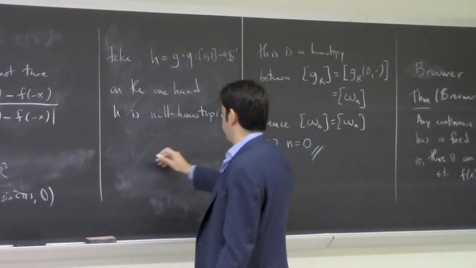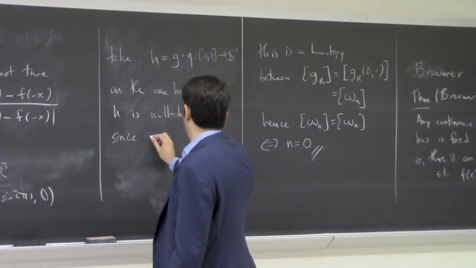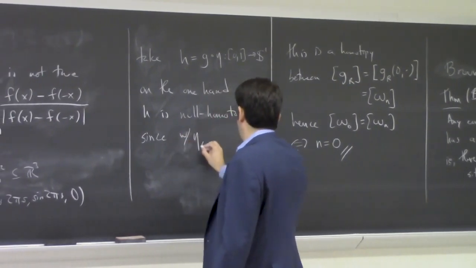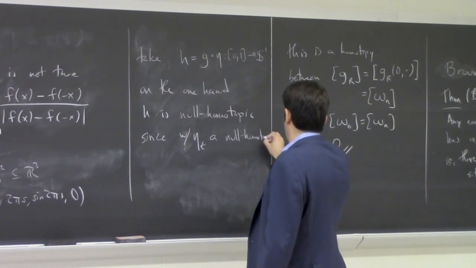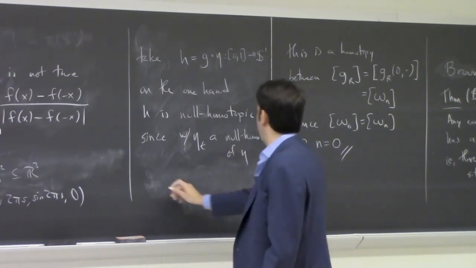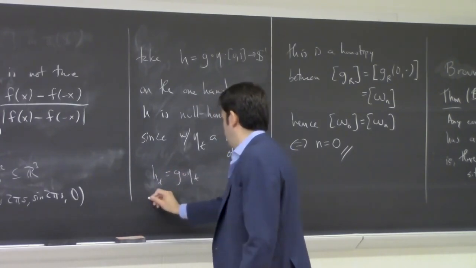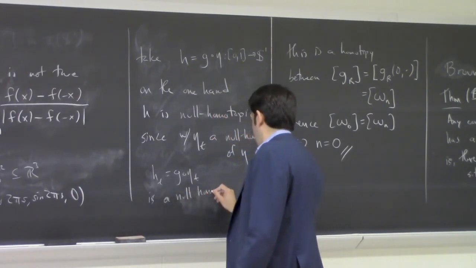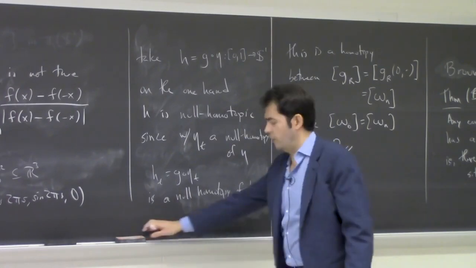So since eta t is a null homotopy of eta, H sub t equal to G composed with eta t is a null homotopy of H.